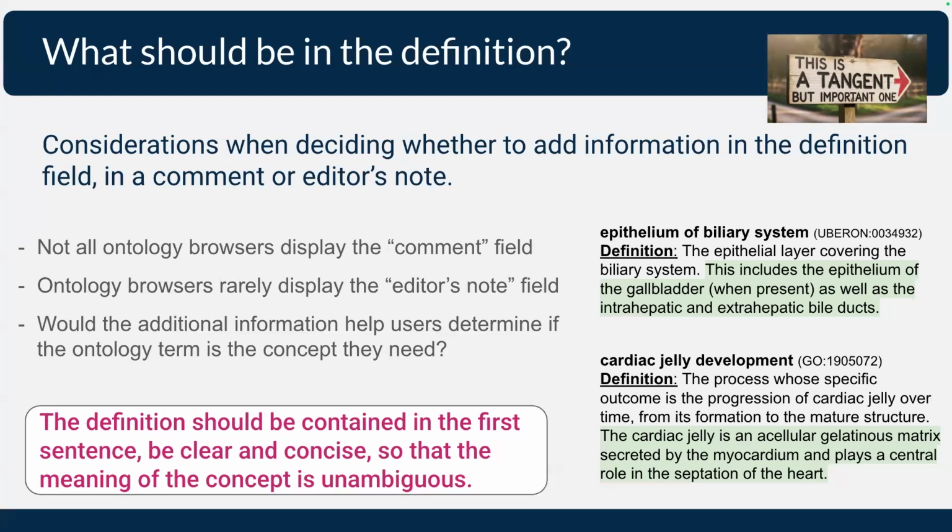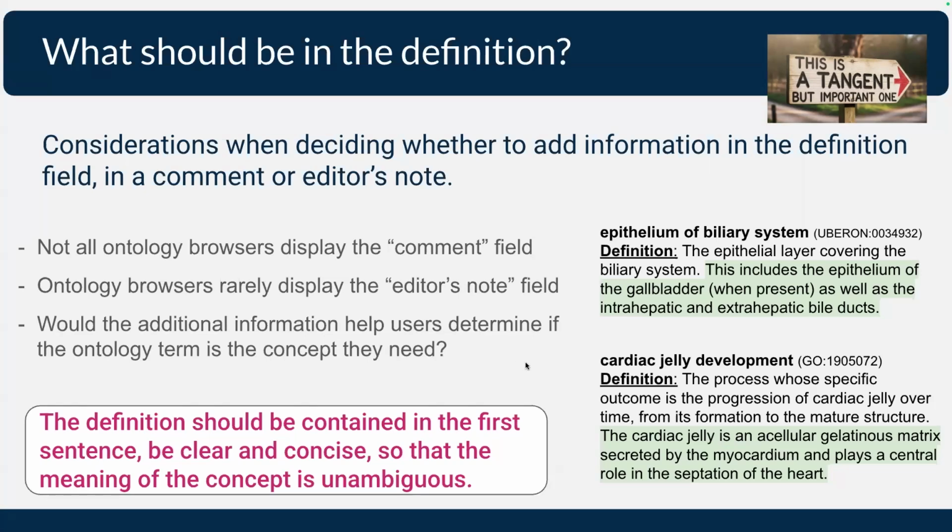So, for example, adding that extra piece of information here in the definition really ensures that whoever is looking at this really understands clearly, okay, I don't need to go anywhere else. Everything is here in my definition. So the way you can look at it is how would adding this information really help users determine what the concept of the term is.